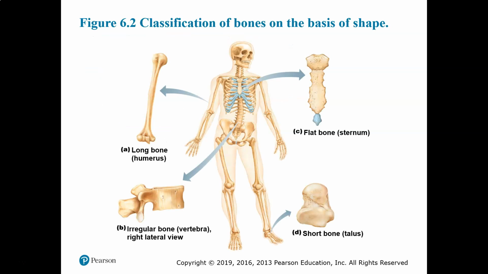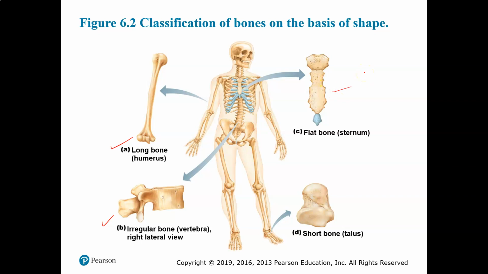And here are some pictures. The humerus or the upper arm bone is a long bone. An irregular bone, here's a picture of an example vertebra, and it looks like it's taken from the lumbar region of the spine. And then this is the sternum, which is an example of a flat bone.